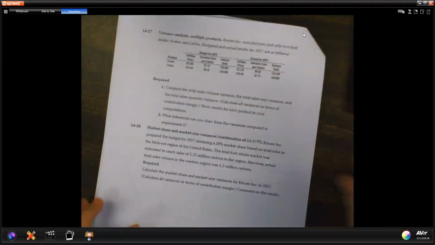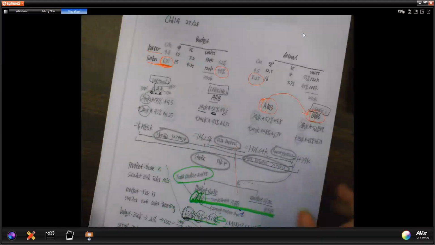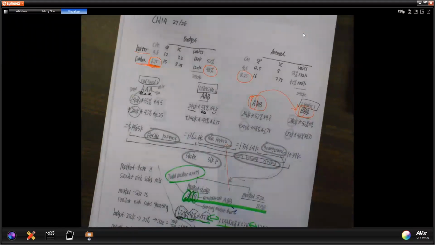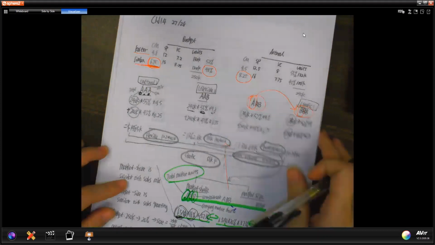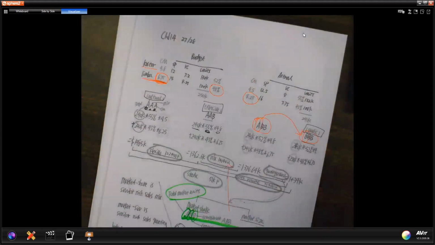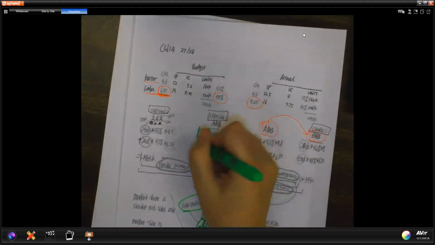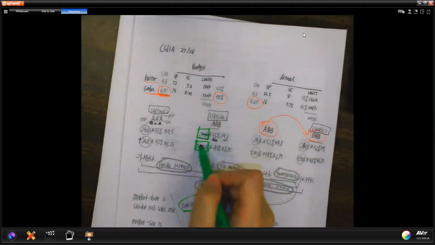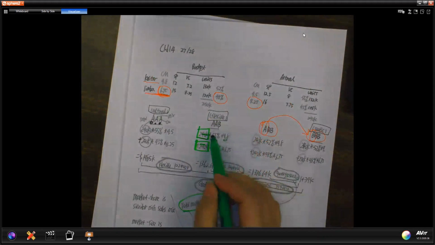So what I'm trying to do now is talk about our question a little bit. I'll post my solution in the Blackboard. I'm not going to talk about the firm level. I think you all know the firm level. The only thing I want to say is that no matter what you do, you always use the total units times the percentage, right?